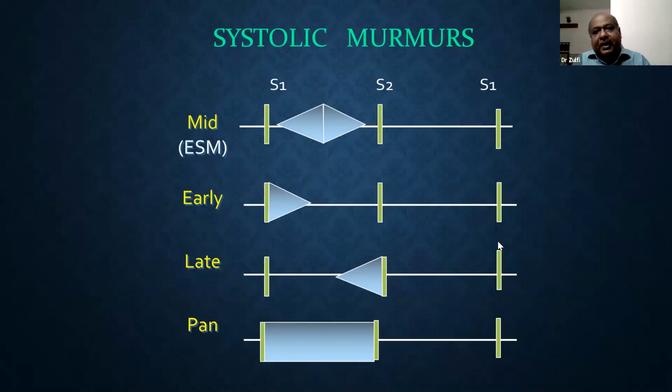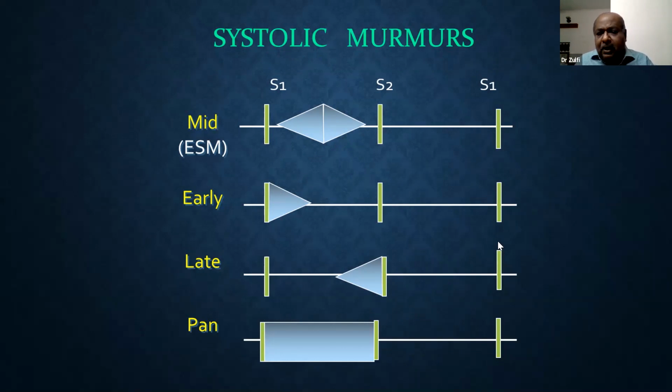We have 4 types of systolic murmur. One is the murmur which starts a little after the first heart sound and ends before the second heart sound, which we call a mid-systolic murmur because of the peaking in mid-systole. It is also called an ejection systolic murmur because it occurs in ejection.